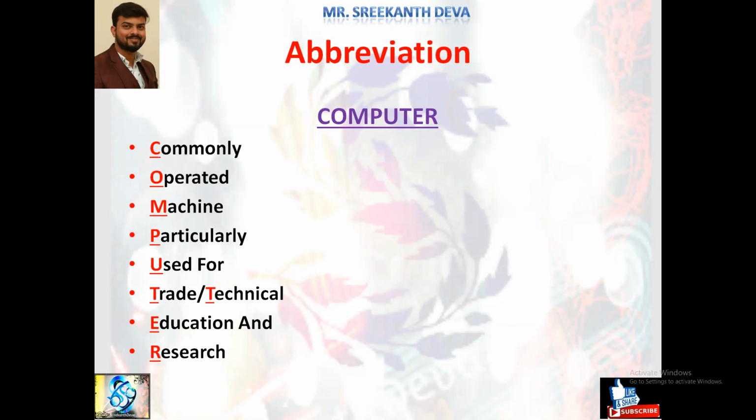The abbreviation of computer is Commonly Operated Machine, Particularly Used for Trade or Technical, Education and Research purposes. That was the main reason to put the name computer. This is the abbreviation of computer: commonly operated machine, particularly used for trade or technical purposes, educational purposes, and research purposes.